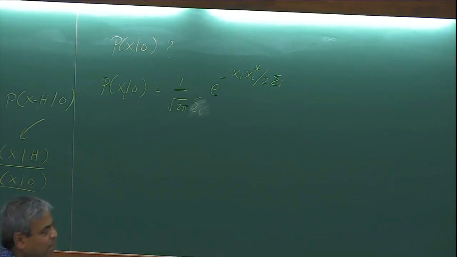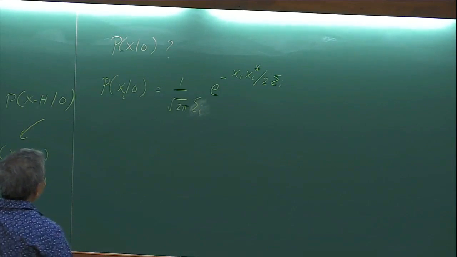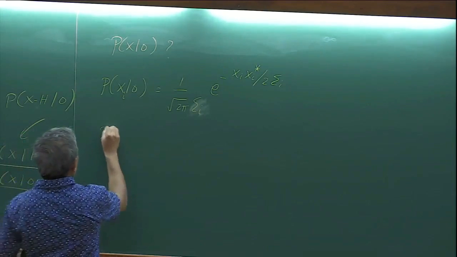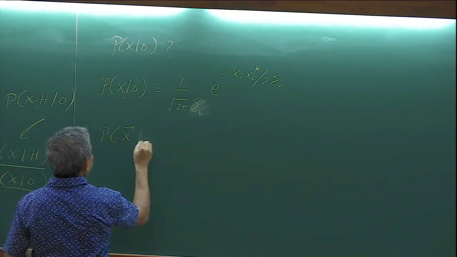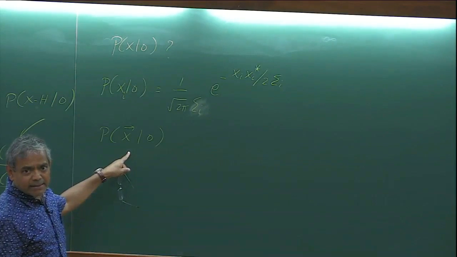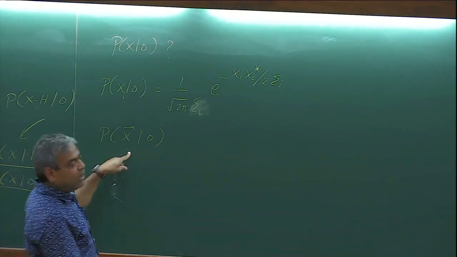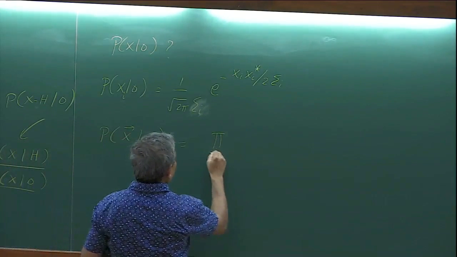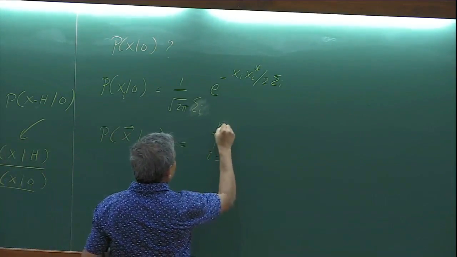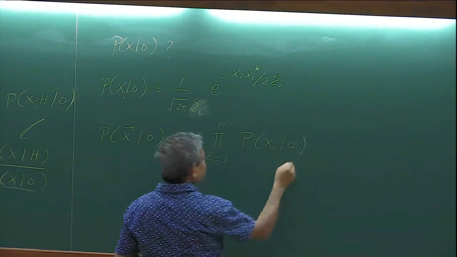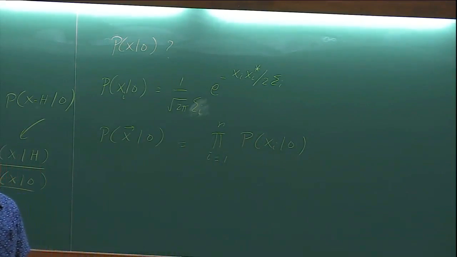Okay? But we want to ask the question, what is the probability of getting a sequence, the vector x? That would be the product of i equal to 1 to n of P of x_i given 0.